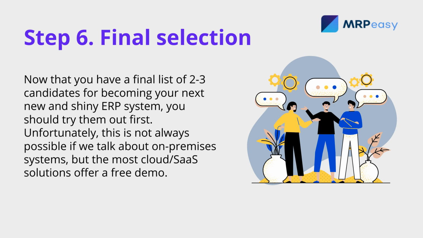Now that you have a final list of 2 to 3 candidates for becoming your next new and shiny ERP system, you should try them out first. Unfortunately, this is not always possible if we talk about on-premises systems, but most cloud SaaS solutions offer a free demo.